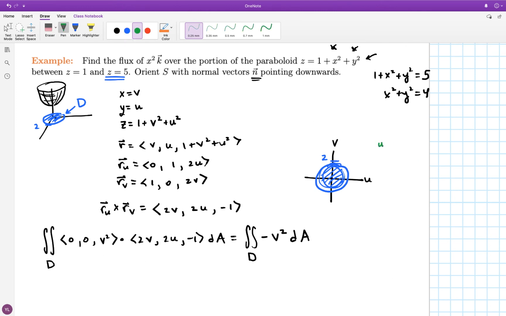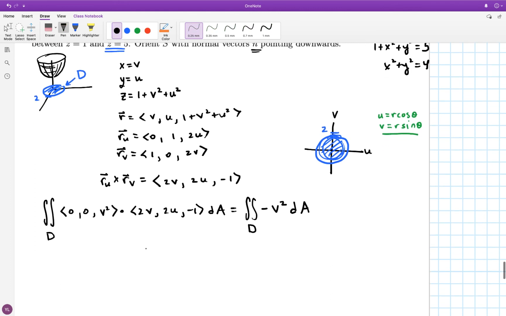I'm going to say, let's let u equal r cos theta and v equal r sine theta. And let's express this circle in r and theta instead, and then convert the integrand appropriately using v, and I'll remember my r d theta when I convert the integral.